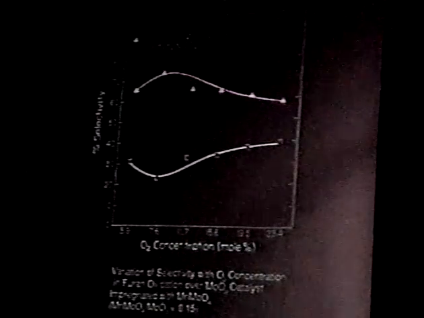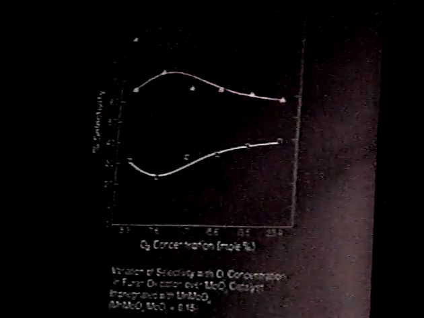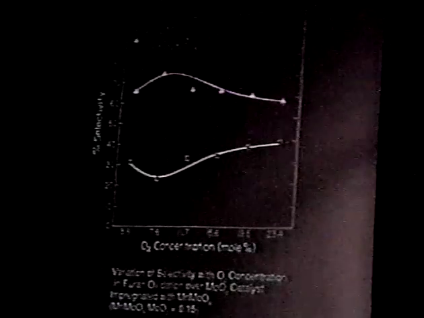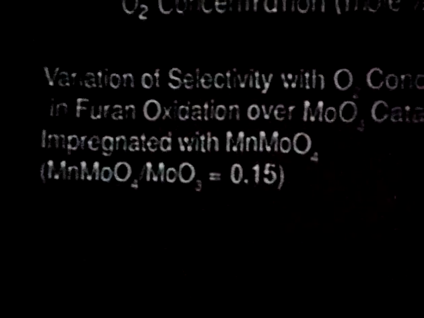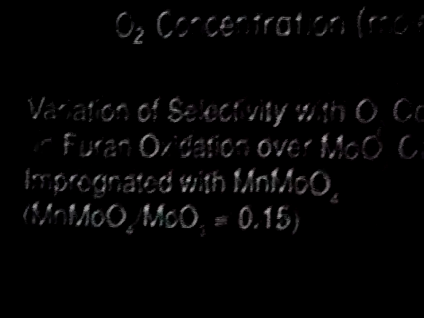When we use furan as feed material, the selectivity to maleic anhydride gets around the 70% range, and the selectivity to carbon dioxide shows almost a mirror image of selectivity to maleic anhydride.